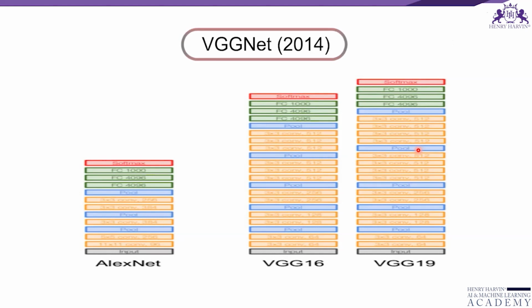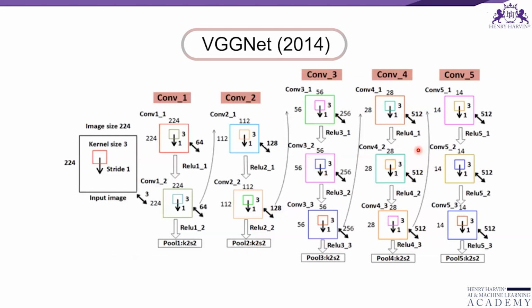Let us look at the summary. A smaller 3x3 convolution kernel and a deeper network are used. A stack of two 3x3 convolution kernels has the receptive field of a 5x5 convolution kernel, and a stack of three 3x3 convolution kernels has the field of view of a 7x7 convolution kernel.